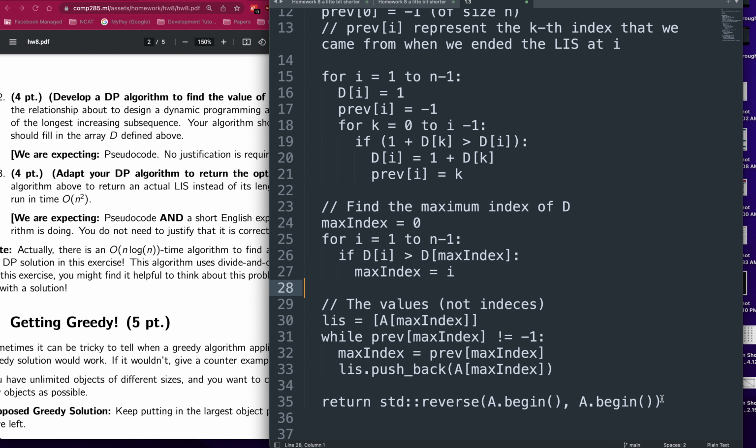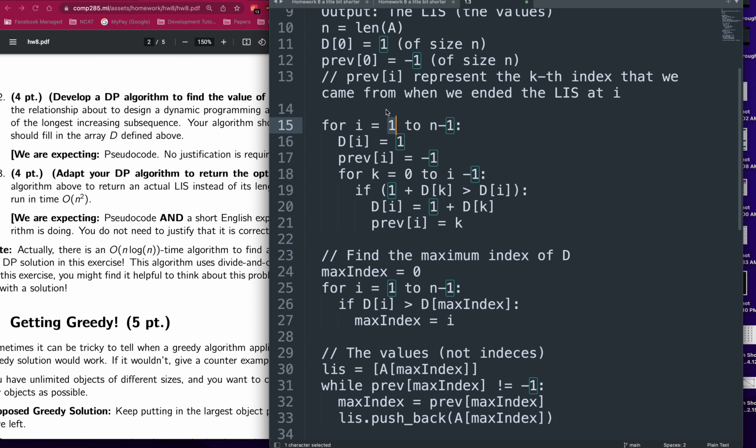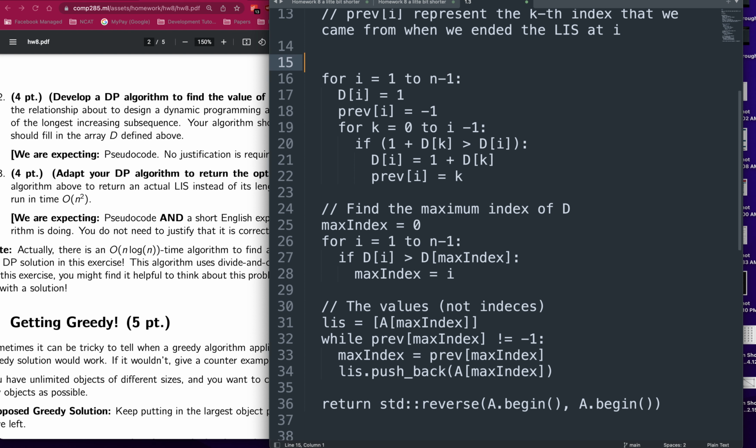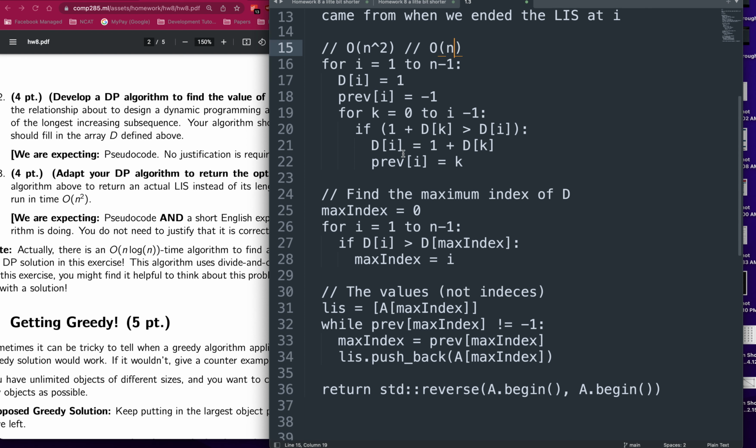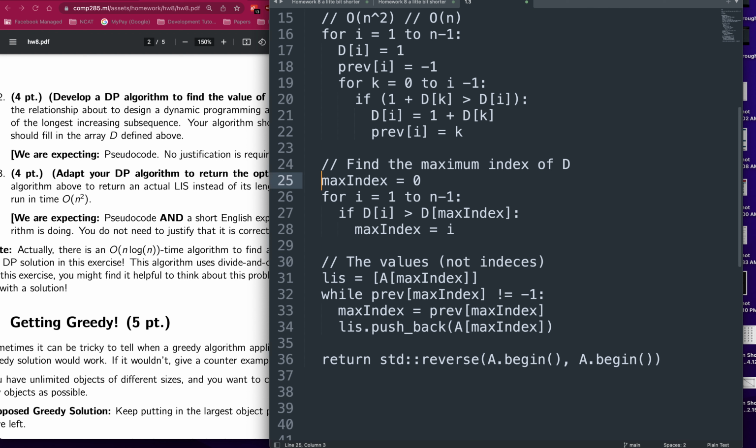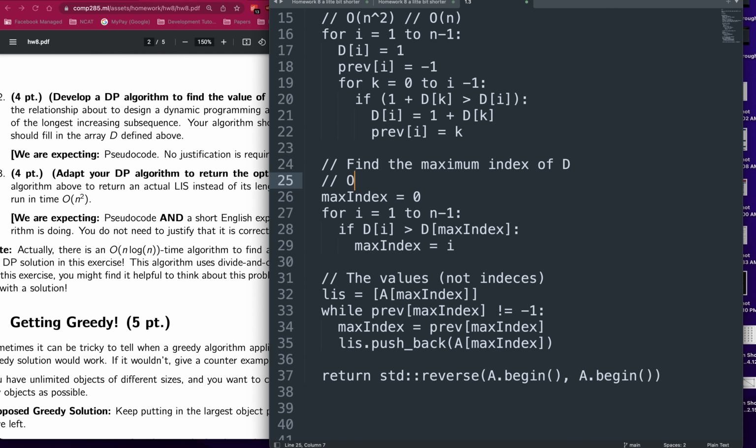Another option for the pseudocode, like we talked about just a few seconds ago, is you can actually not keep track of the pref, right? So let's talk about running time, right? So these two nested for loops are going to be n squared, right? Because that's just how long it takes, and they're going to use O of n space. This part here, finding the maximum, is going to be O of n. We know that.